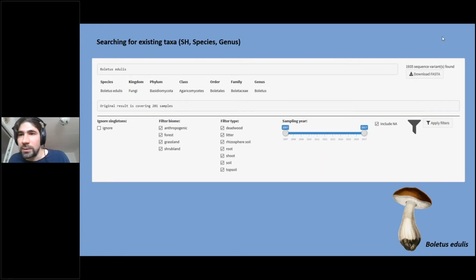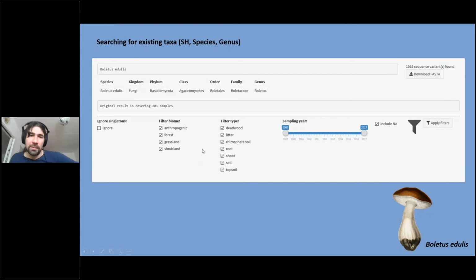And you can also see in the right corner that you can download all the species variants of ITS sequences which were annotated as Boletus edulis.